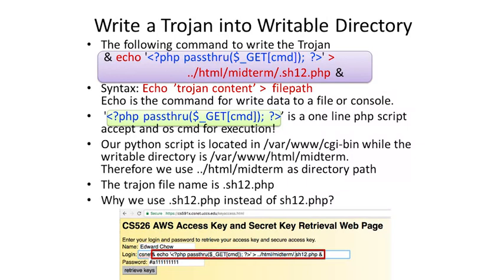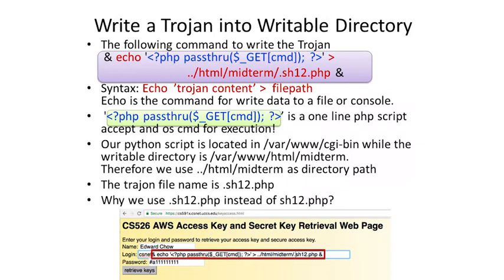If any of them has cmd as a name-value pair, the value will be substituted and saved in the hash array, and in this case we return it and submit it to the passthru function. This one-line PHP script allows us to execute a submitted query string as an operating system command. It's very dangerous but very efficient, just a single line of code.